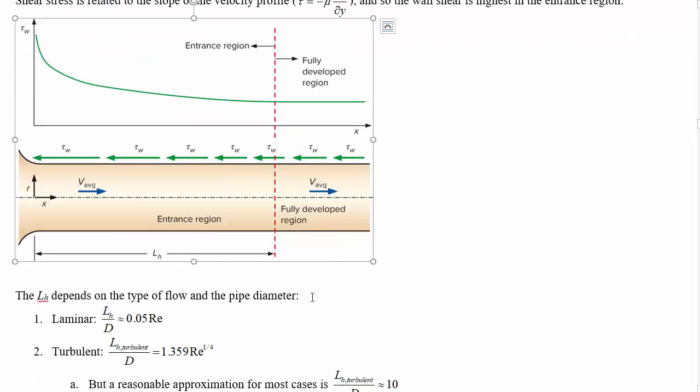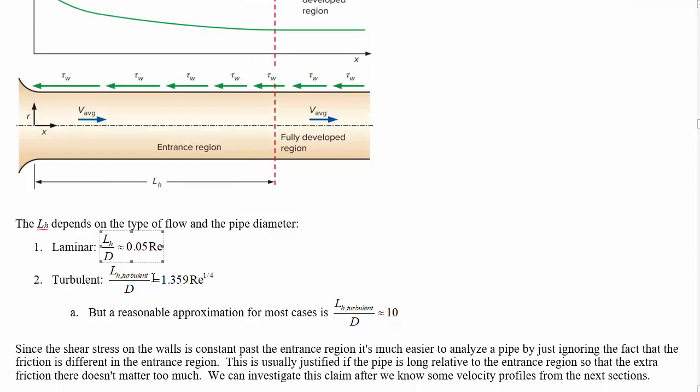The entrance length depends on the type of flow and the pipe diameter. For laminar flow, you can say that the entrance length is 0.05 times the Reynolds number times the diameter, whereas for turbulent flow, it's a little more complicated: 1.359 times the fourth root of the Reynolds number multiplied by the diameter would be the entrance length.